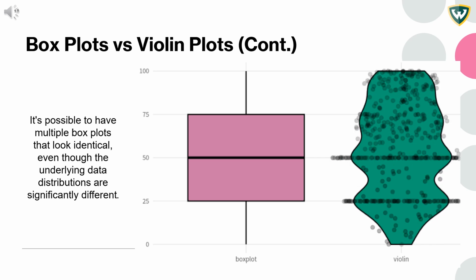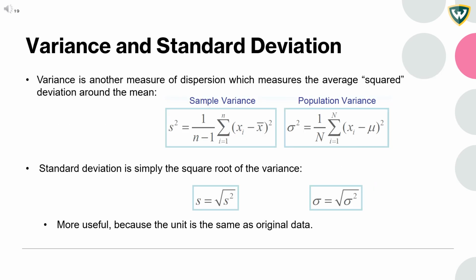Variance and standard deviation are fundamental statistical measures used to quantify the spread or dispersion of a set of data points around their mean, average. Variance is defined as the average of the squared differences between each data point and the mean. It provides a measure of how much the data points deviate from the mean, with a higher variance indicating greater dispersion among the values.